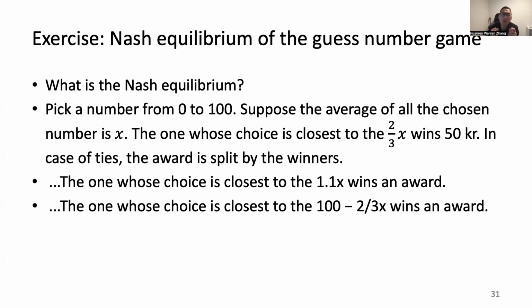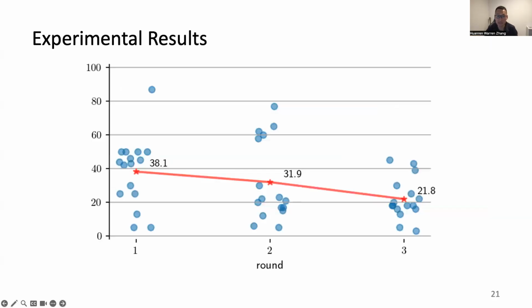And also, if we allow experience to come into play, it's likely that the behavior would converge to Nash equilibrium. Let's go back and look at the slides of the guess number game, right? So here we have played this game for 3 rounds, and we see that the numbers indicated by the participants, by you, are actually decreasing across rounds.